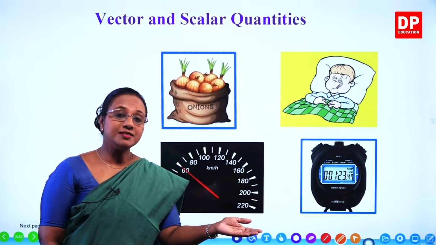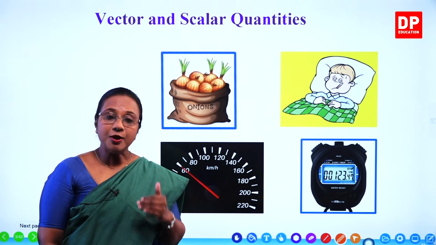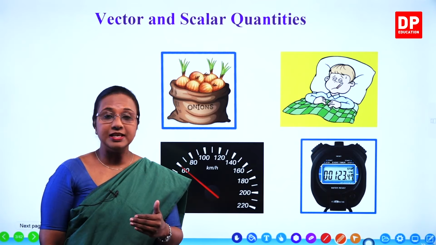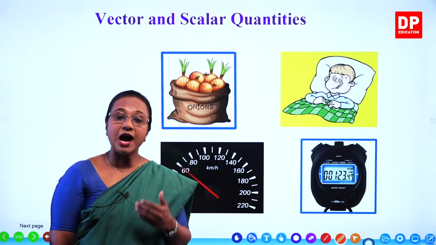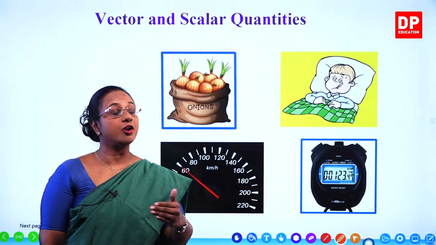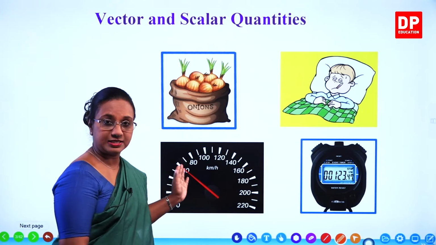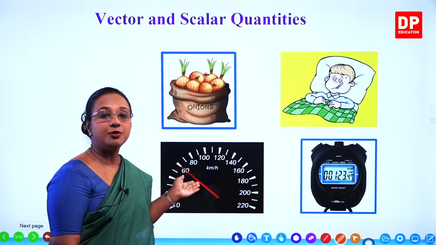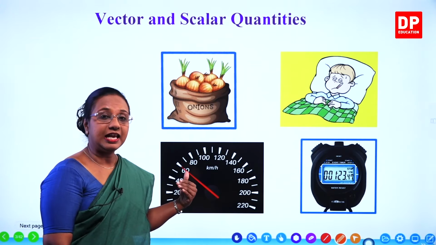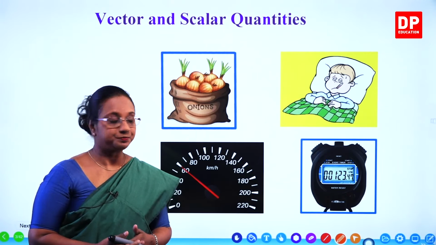Speed for one person might be slow for another person. So, in order to maintain a proper limit and to have a proper idea as to how fast you are traveling, we use this particular meter, which is called a speedometer. This indicates how fast we are traveling in a vehicle.